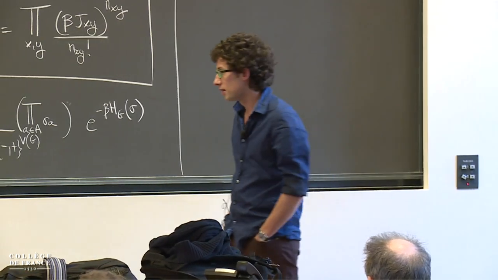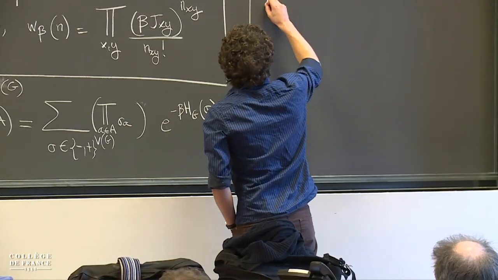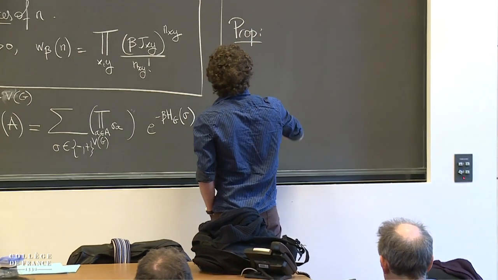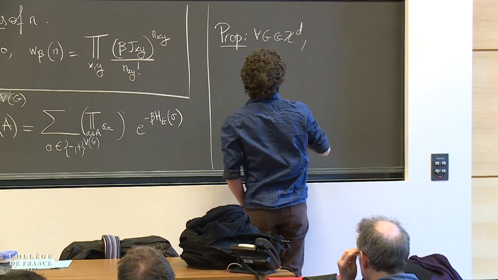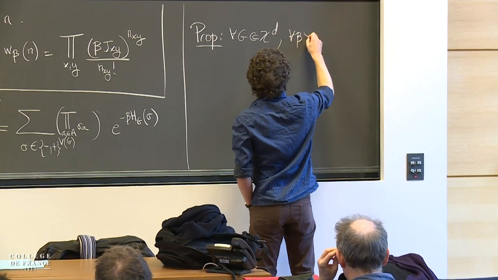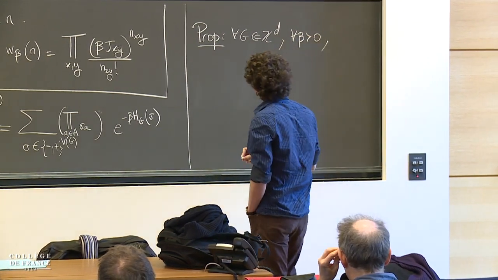Now the proposition, which is the important one here, is that for every finite subset G of Z^d, for every beta positive, I have the following.